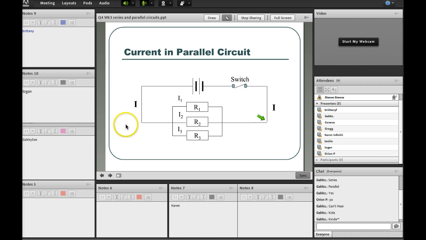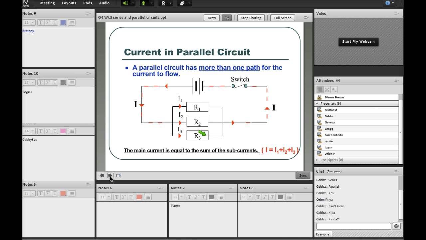You're still going to have a current here, or here, or here. So the current branches out. It has more than one path to follow. So all of these little currents, current 1, 2, and 3, should add up to the total current in that circuit.